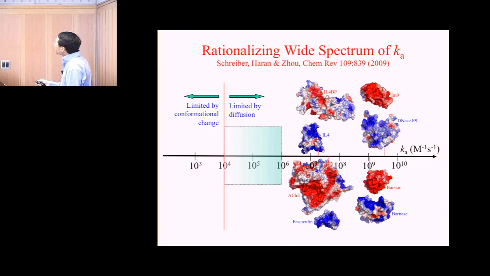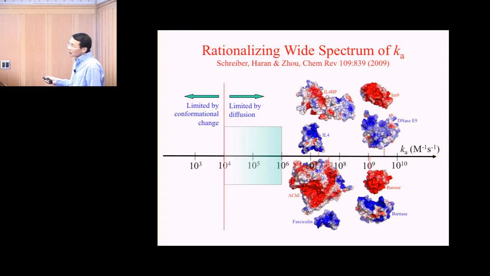And then in the diffusion-limited regime, we can further separate into a region where the rate constant is of the order of 10 to the fourth to 10 to the sixth per mole per second, and that's the range of basal rate constants that we typically obtain.